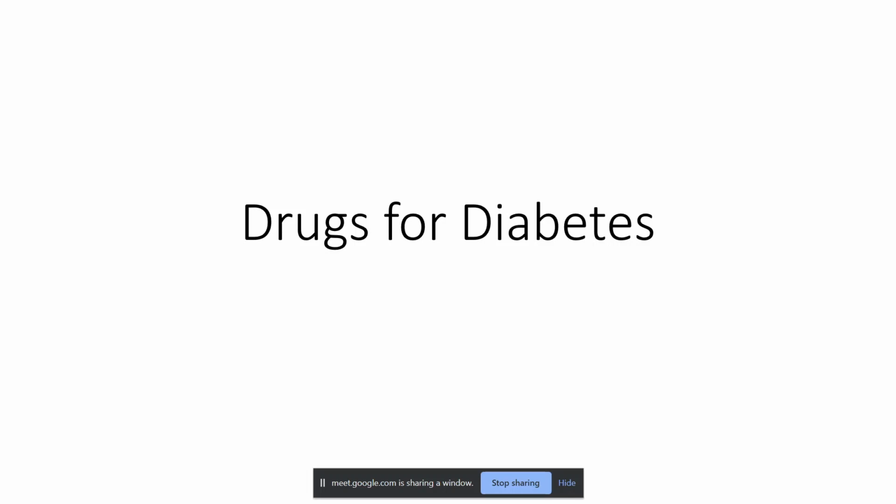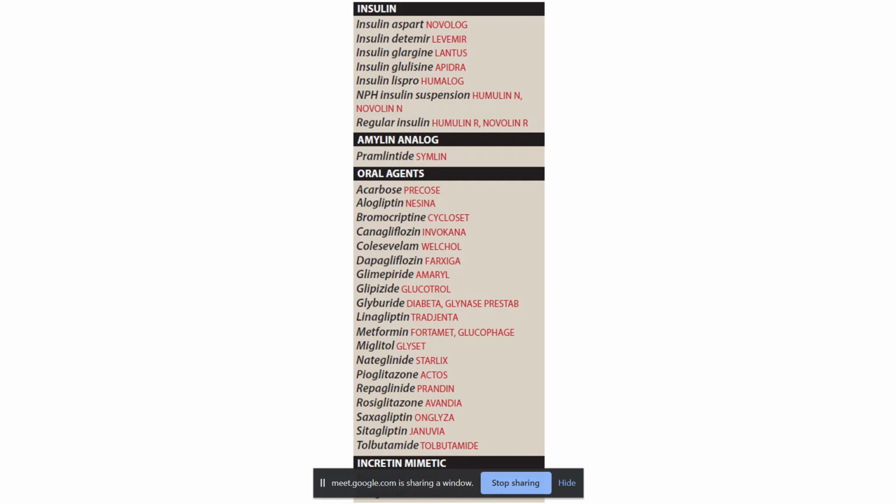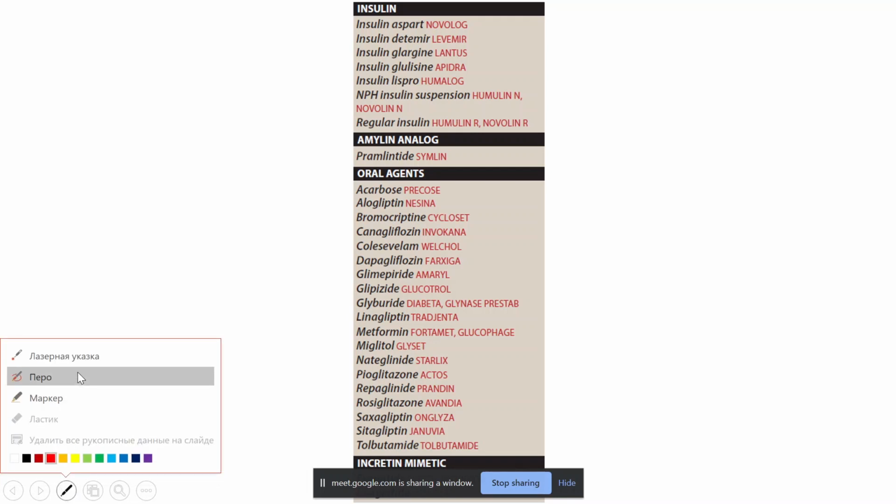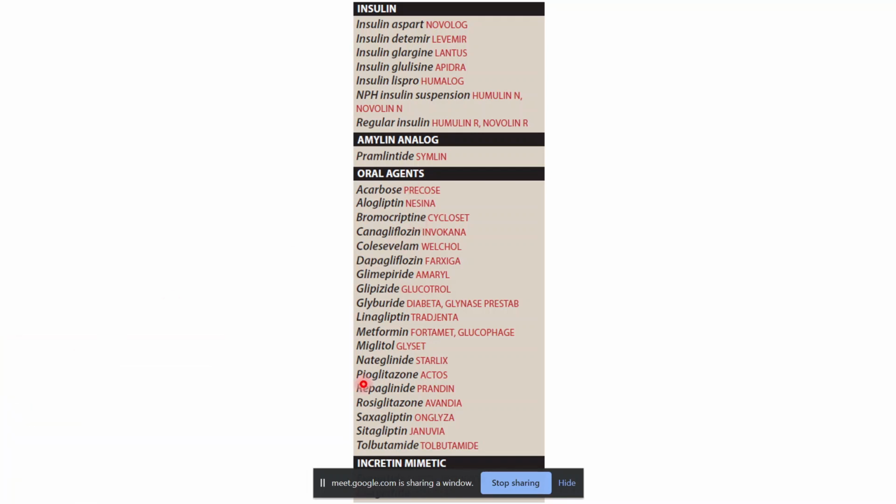Insulin as a drug is mostly used for patients with type 1 diabetes mellitus, and patients with type 2 usually receive oral hypoglycemic agents, mostly one of these agents listed in this table.